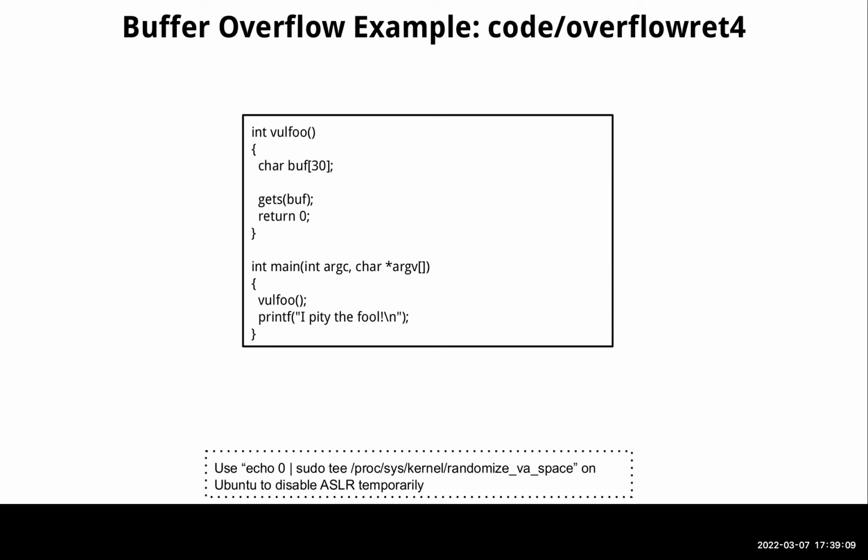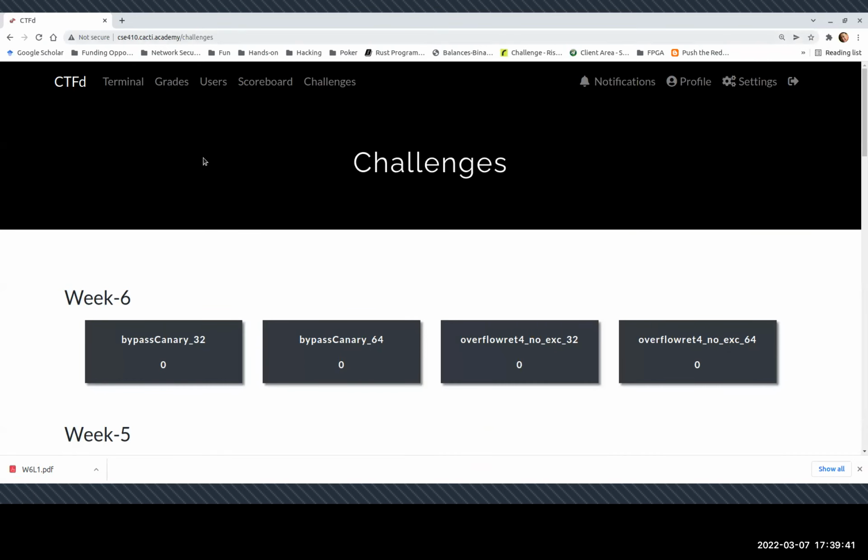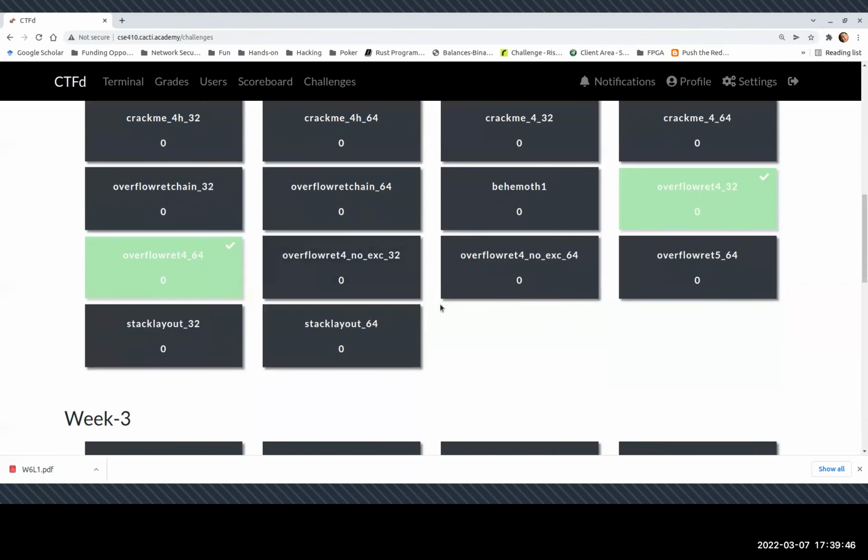Okay. So this one I can show you a demo and everything because this is widely used. We're going to use this program as an example, the overflow return 4. Let me remind you of the program. We have a vul function here. Vul has some local buffer. Then we get some input from stdin, and this one we're supposed to overwrite things, right? Okay, so let's take a look at our server. So overflow 4, where is it?